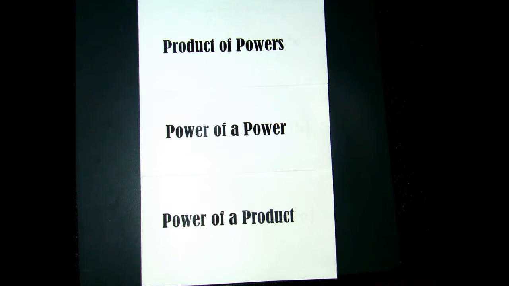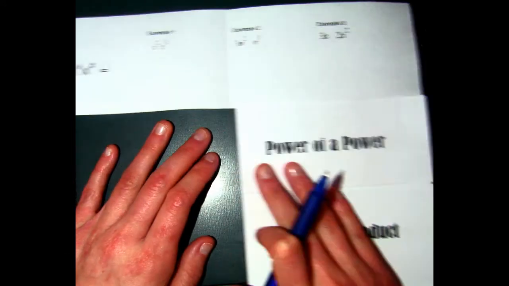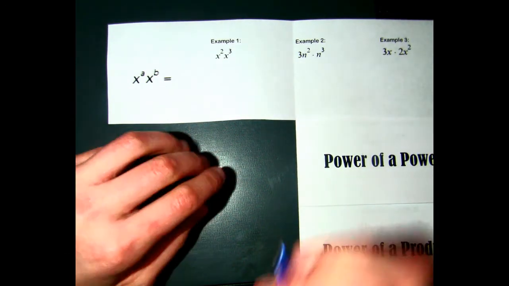And it is not actually divided into 2 days in this video like some of the ones have been in the past. Alright, so the first rule we're going to start with is product of powers. So we will fill this out on your whole rules sheet as well.